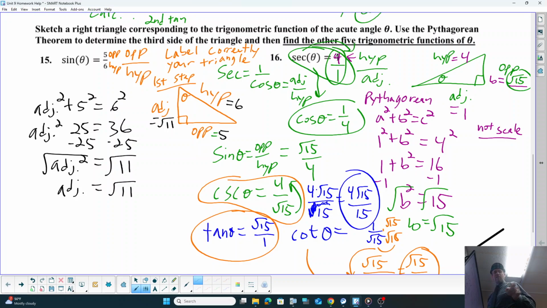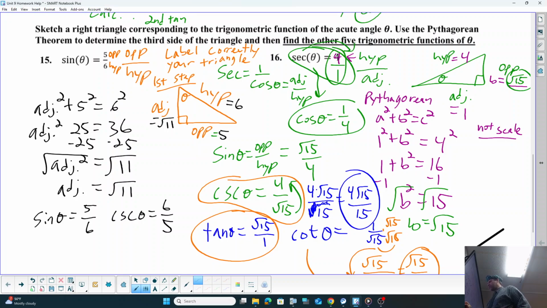And now you're going to use it to find all other 5 trig functions. So go ahead and find that using these 3 parts to it. We already got sine. It's 5 over 6. That means cosecant is the opposite of that, 6 over 5. Pause me, you try the rest on your own now. So what's cosecant?